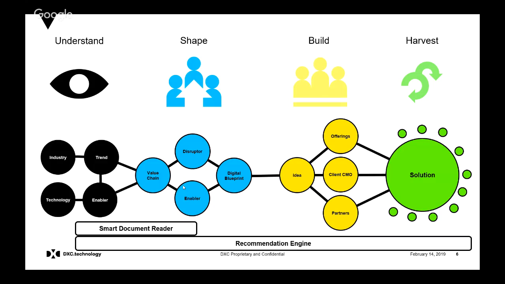So if I'm building my roadmap, I get line of sight left and right within my industry area, but also up and down around adjacent industries. So our recommendation engine spans across the full graph.